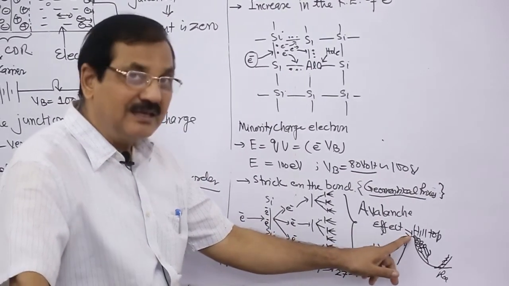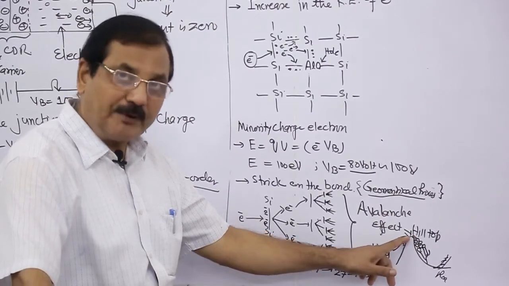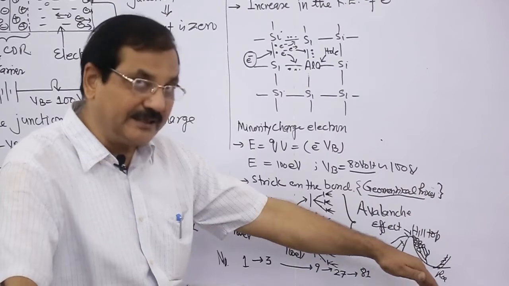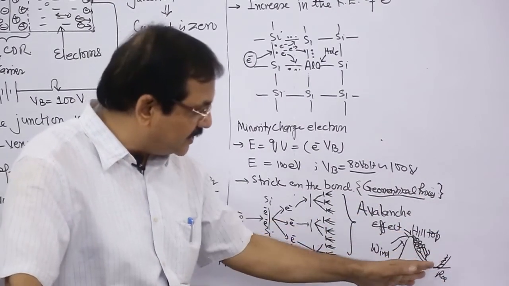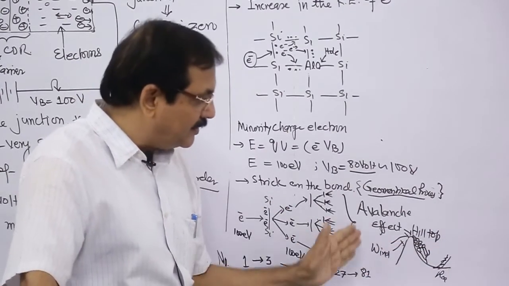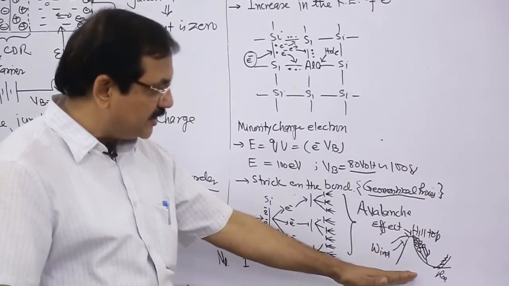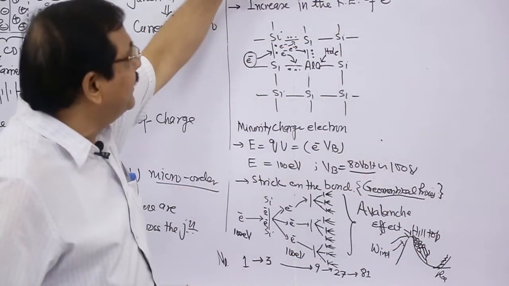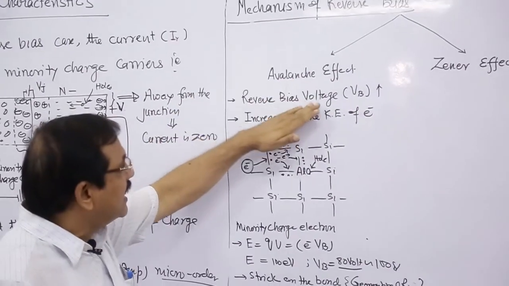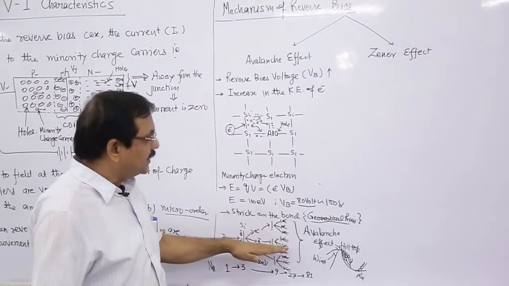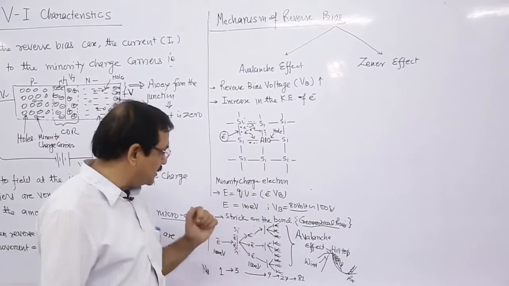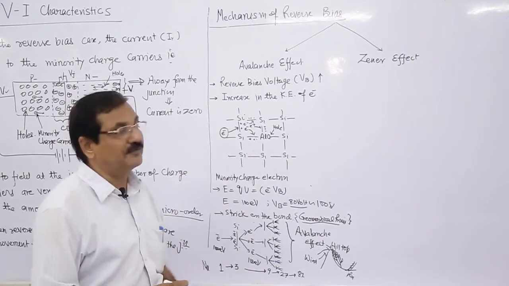From a small mass on the top of the hill, when it moves down, it creates momentum with the mass, and then this completely blocks the road. So, this geographical process is known as an avalanche. That concept is applied here: the avalanche effect is the mechanism in reverse bias at high external potential, say 80 to 100 volt, which corresponds to the energy. So, this one is the avalanche effect.